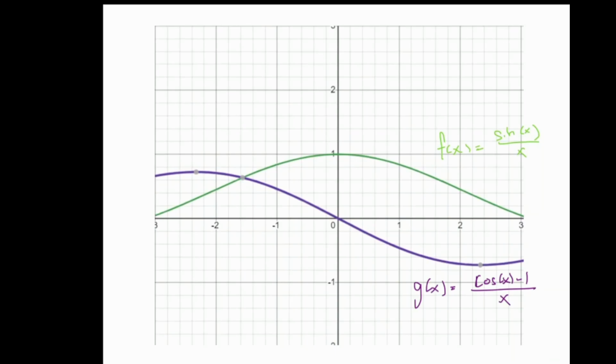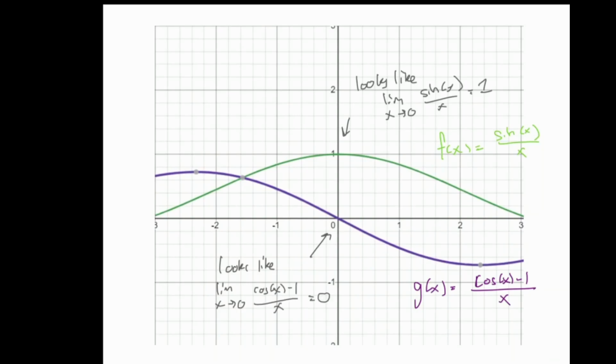So we see that, or it looks like, the limit as x goes to 0 of sine of x over x is about 1. And it looks like the limit as x goes to 0 of cosine of x minus 1 over x is 0.